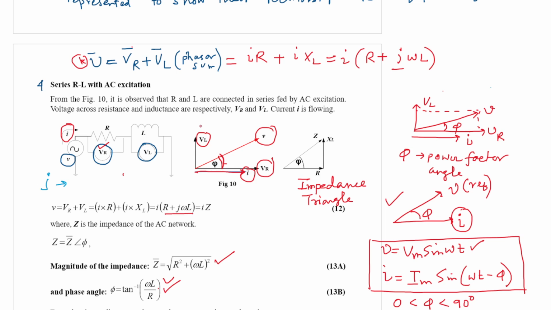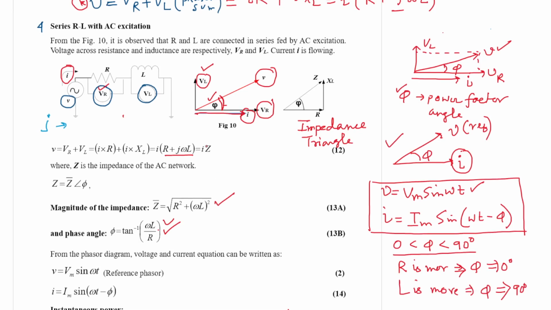Then we drew VL 90 degrees ahead of current. Summing them as phasors, we get V in this direction, and the angle it makes with the current phasor is phi. So this phi is called the power factor angle.